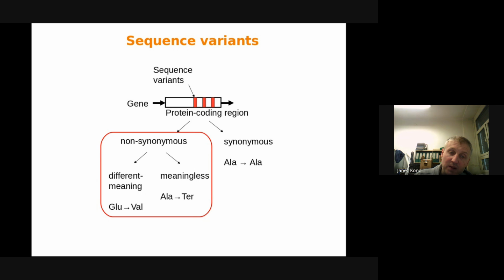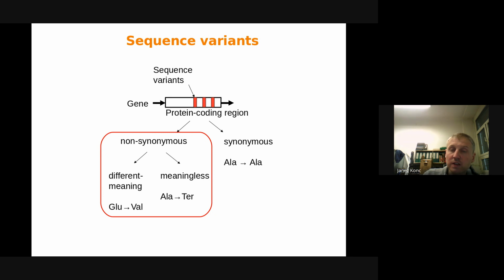They can change the amino acids, for example from glutamate to valine, or be meaningless: they can insert a terminal codon inside a gene, so the protein will abruptly end at one place. We are interested in these non-synonymous mutations because they affect how proteins look, and we can study proteins with our ProBiS tools.